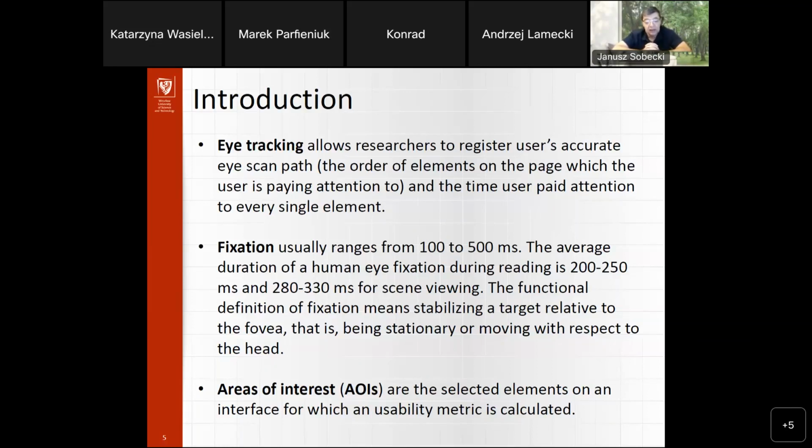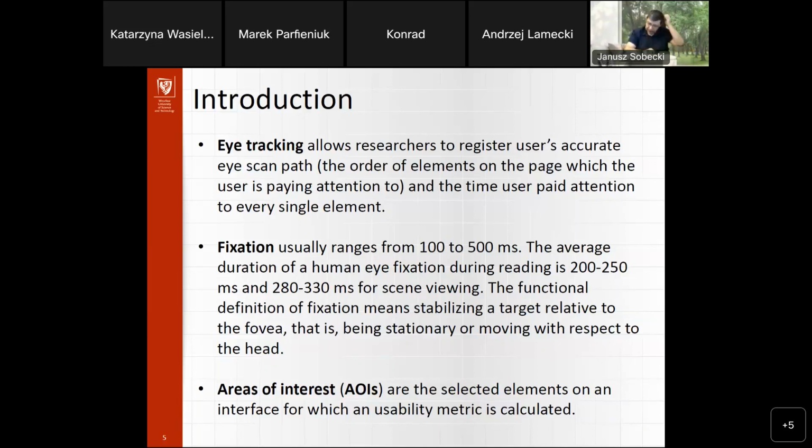The definition of fixation means stabilizing a target relative to the fovea, that is being stationary or moving with respect to the head. So in the fixation the eye is in a standstill on a specific element.